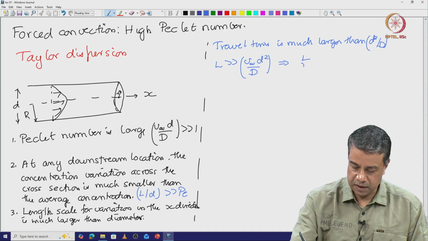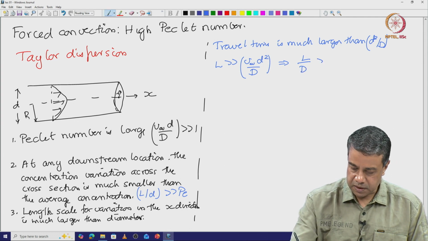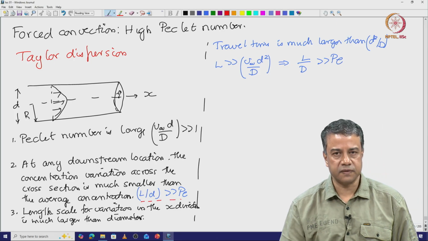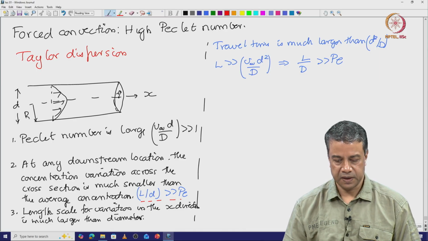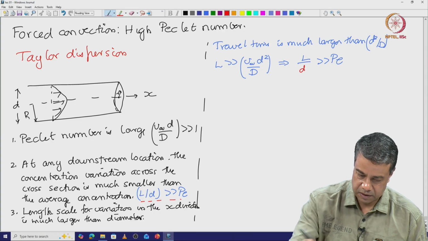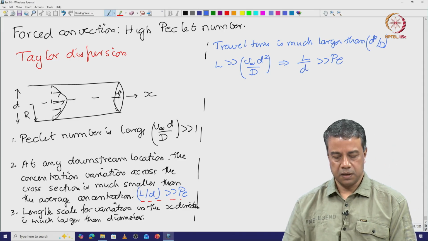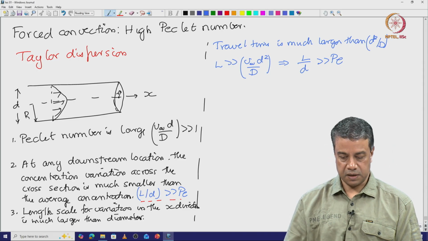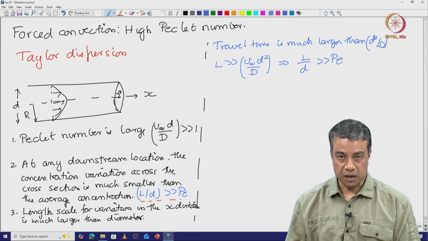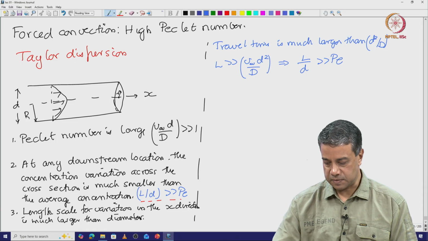This implies that L by d is much larger than the Peclet number. So, it is the same condition that we got over here. This approximation is also valid for the same condition. I am sorry, this should be the diameter, not the diffusion coefficient. So, let me write that correctly. Therefore, the length scale for concentration variation along the length of the pipe is much larger than the pipe diameter. So, that is the other assumption that we make.